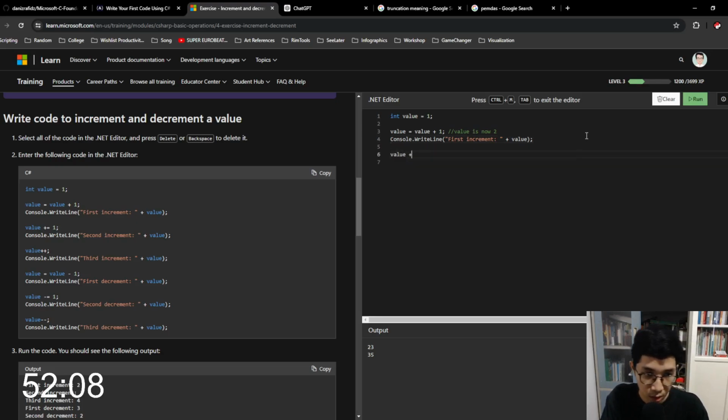Value addition assignment, addition and assignment.